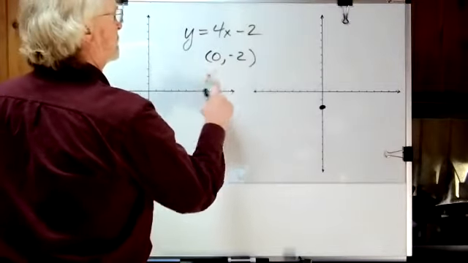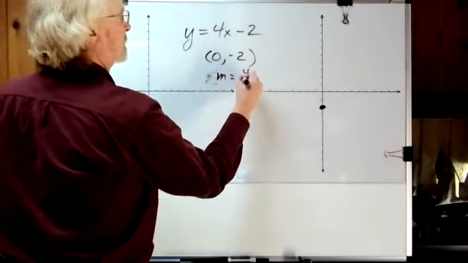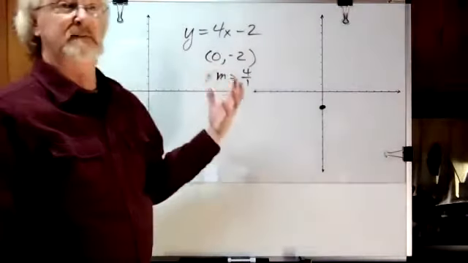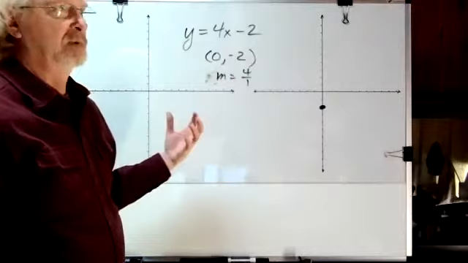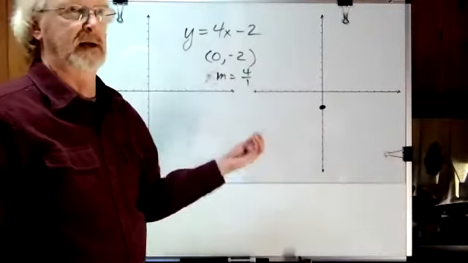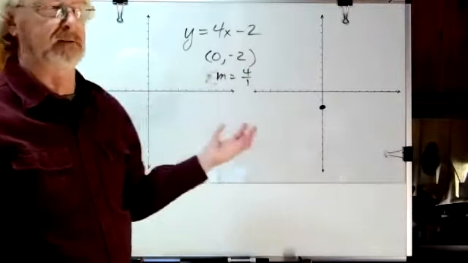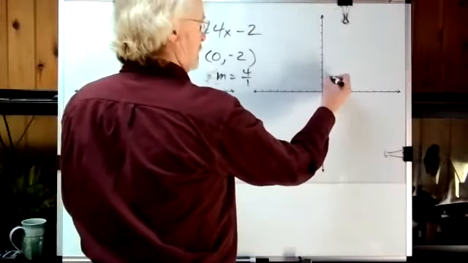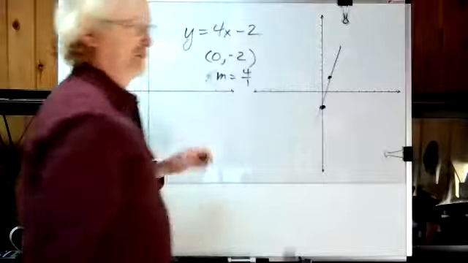Call it 4/1. So it's just another variation, but a nice one of I know a point and I know a slope, and now I can put that point on the graph and use the slope to go up 4 and over 1. I can graph that equation.